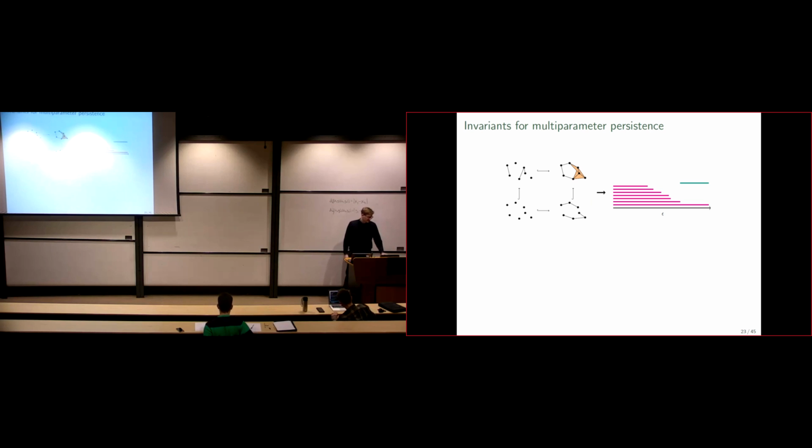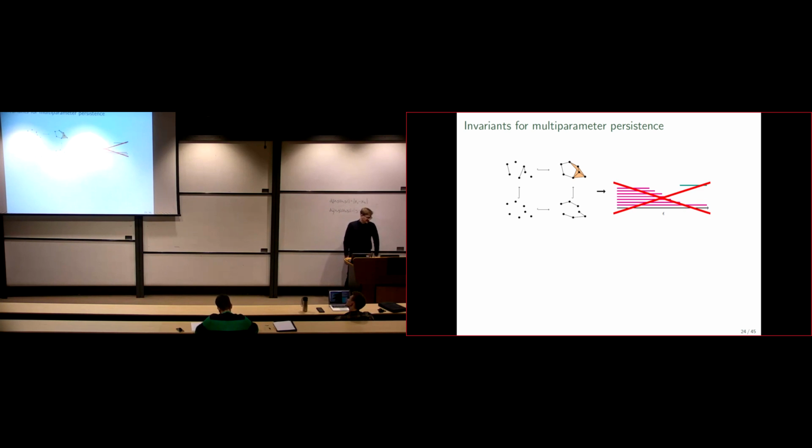Now we will move to invariance of these persistence modules. In the 1-parameter case, in usual persistent homology, we have this barcode illustrated here, which is a very nice invariant that captures essentially the topological information we're interested in.